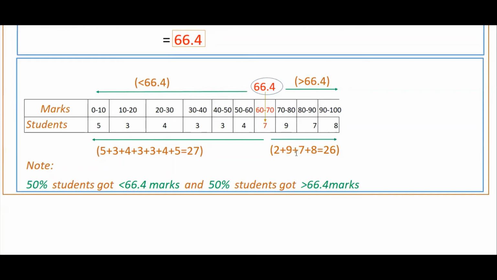So 5 students here and 2 students here. Then if you add these students, you will get 26 and here 27 approximately. You can calculate like this. So here 50% students and here 50% students. So you can say that 50% students got less than 66.4 marks and 50% students got greater than 66.4 marks.